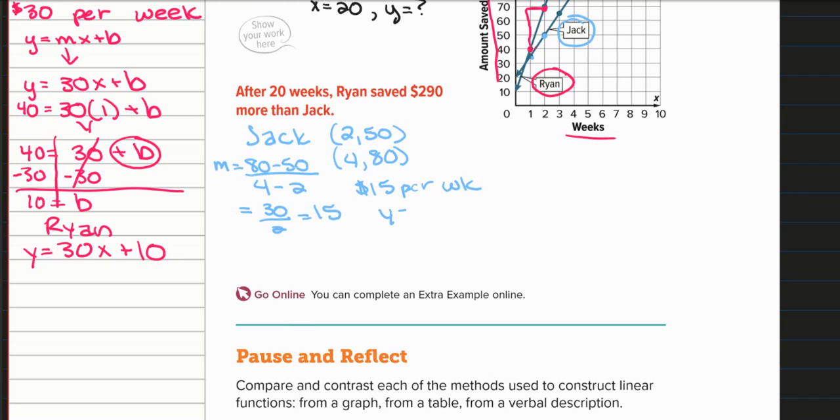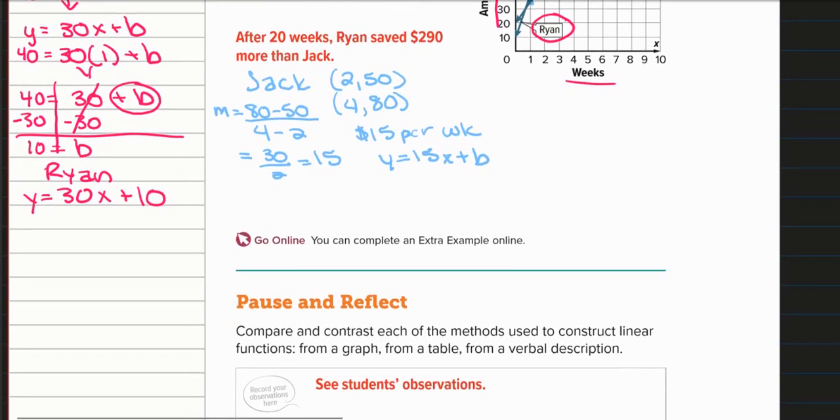So that tells us we're going to have y equals 15x plus b. Let me make that look pretty. 15x plus b. And so we're going to pick one of our points. I'm going to pick my 2 and my 50. So let's say 50 equals 15 times 2 plus b. That means we get 50 equals 30 plus b.